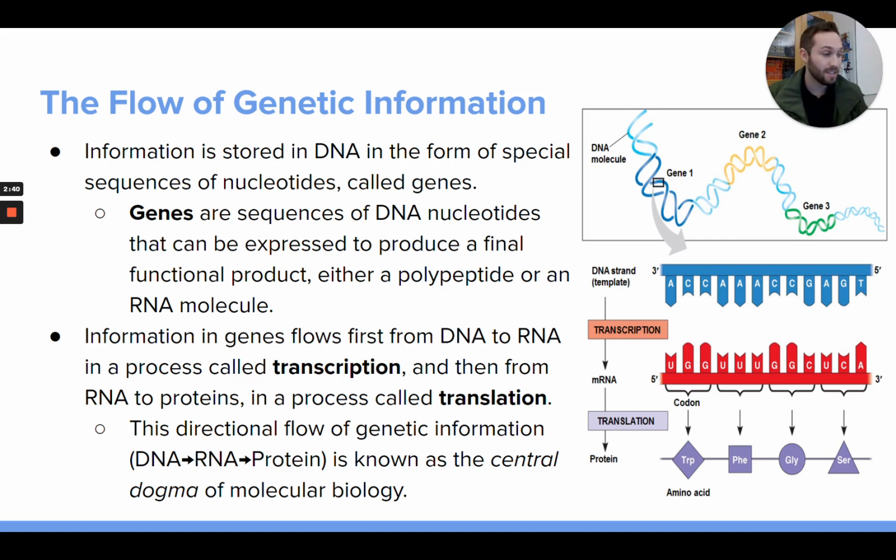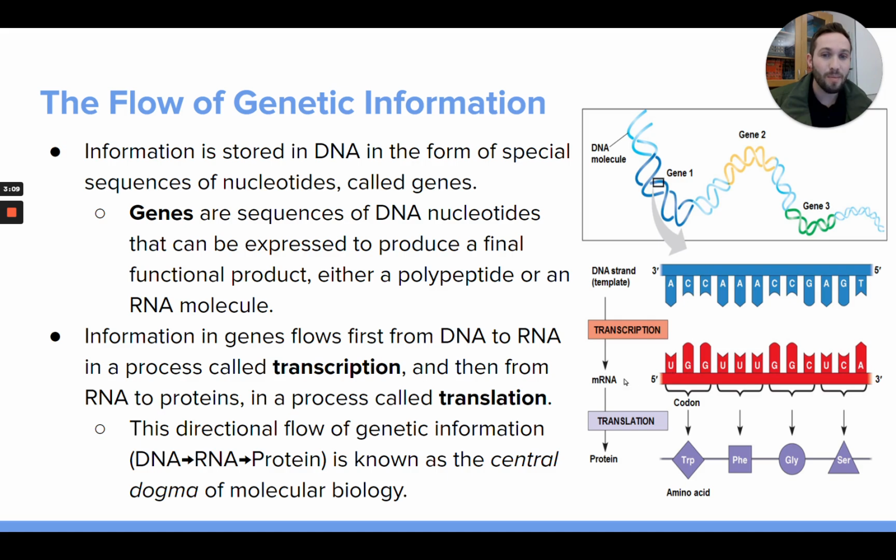To do that, these two steps, transcription and translation, here's the overview. Basically, what we're going to do first is transcription. In transcription, we're going to take the sequence in your DNA, which is all these different nucleotides containing adenines and thymines and cytosines and guanines, and we're going to first copy that information down onto an RNA strand.